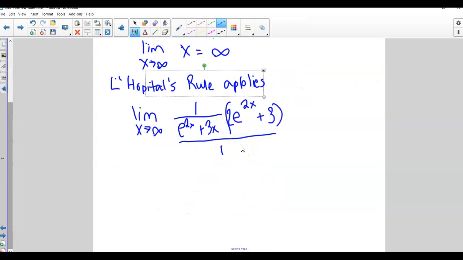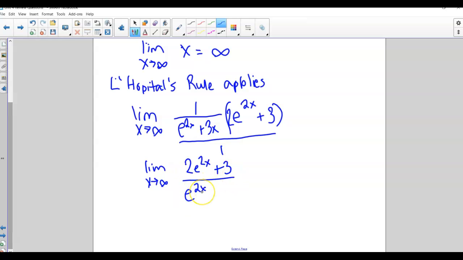And so here we've got the limit as x approaches infinity of 2e to the 2x plus 3 over e to the 2x plus 3x. And so here we have a bottom-over-top, highest degree situation.